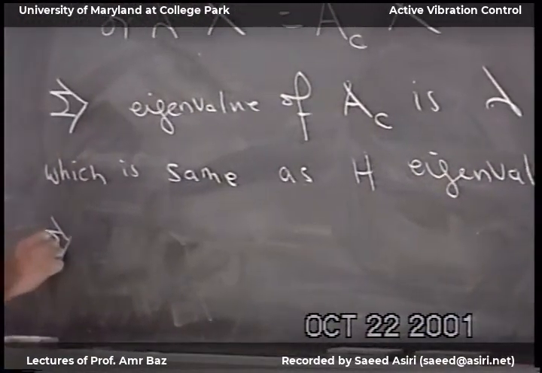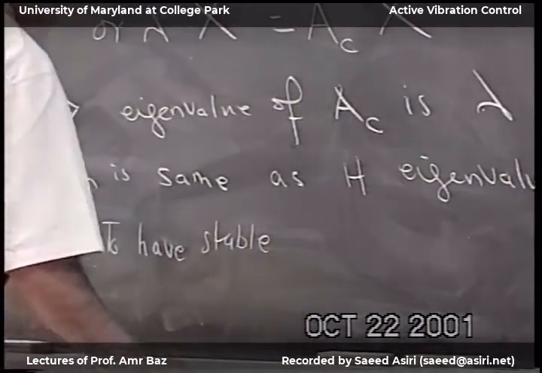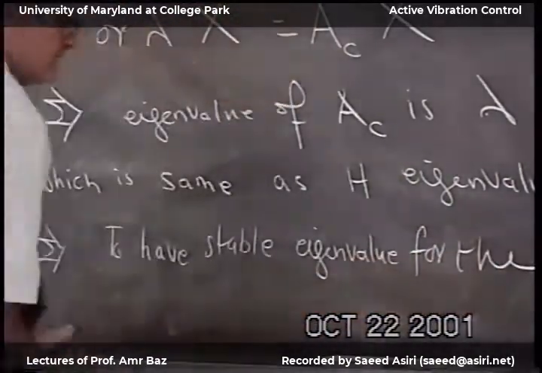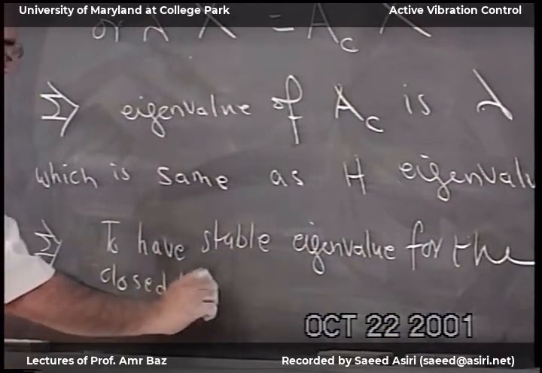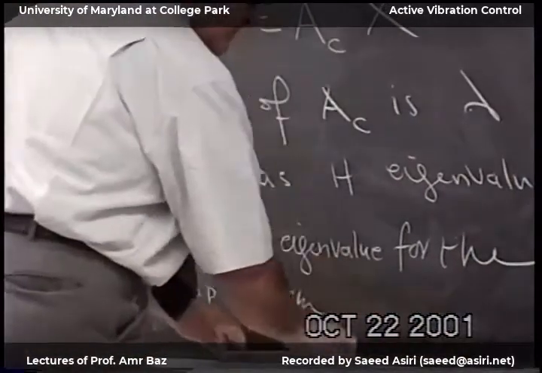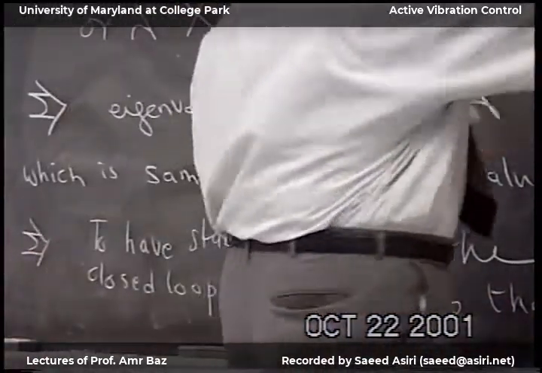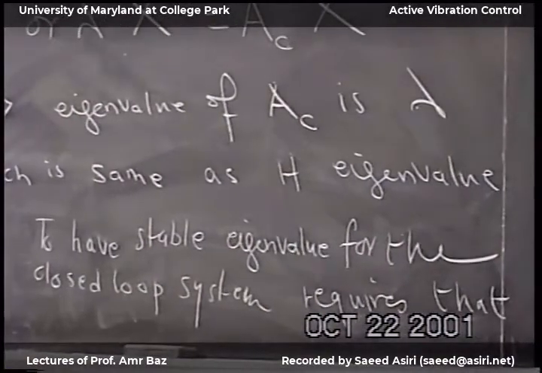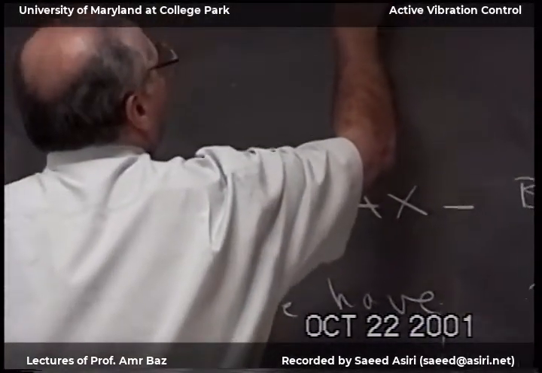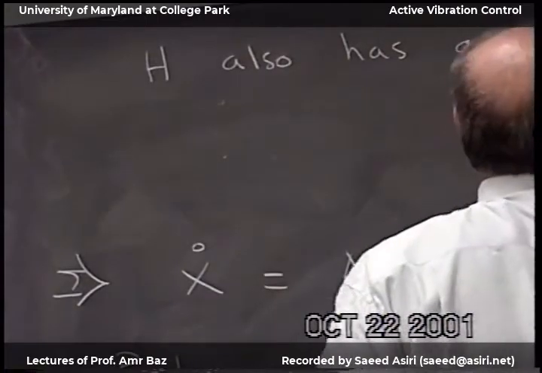Then now, to have a stable eigenvalue for the closed loop requires that H also have stable lambda.